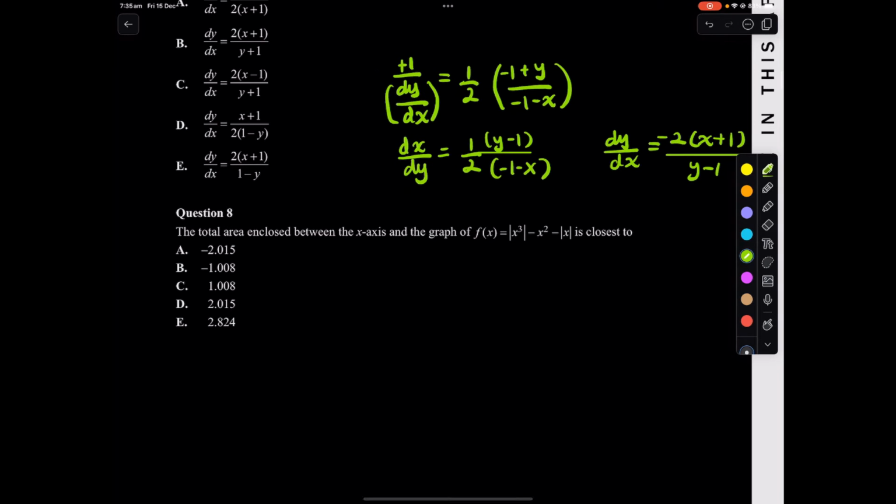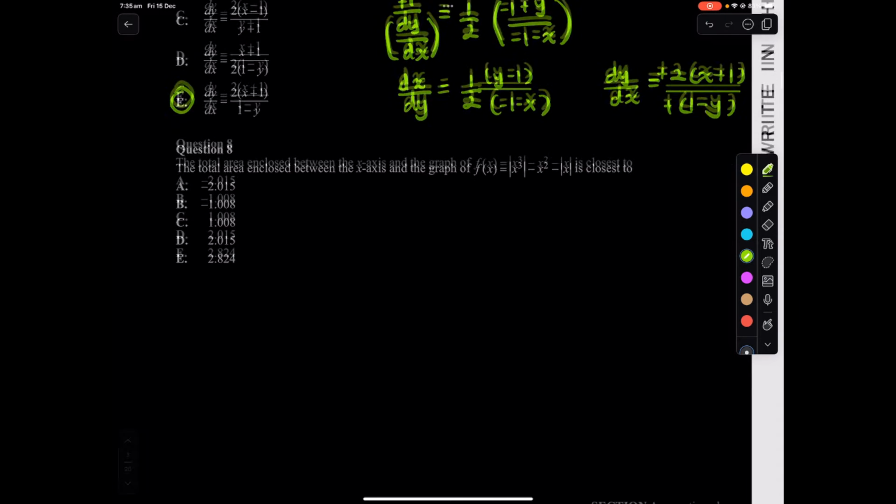Okay, we'll take a negative out of this one, so we can write 1 minus y. We can cancel both negatives, so we can make them positive. Which one looks like this one? 2. Looks like an easy answer for that one. Great. 2x plus 1 minus y. Yeah, that looks good.